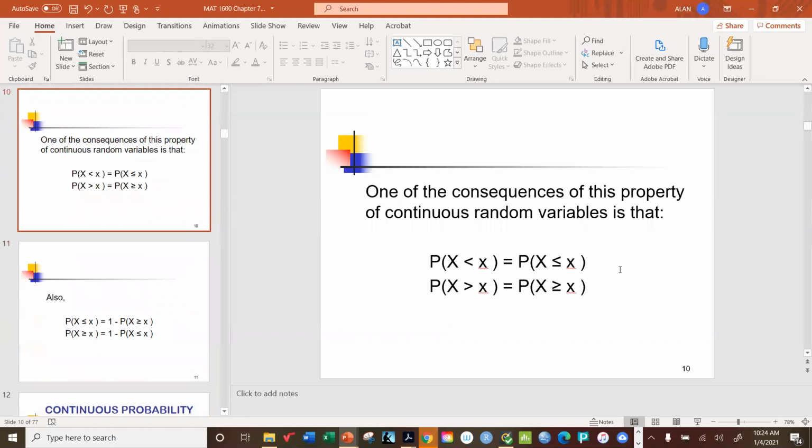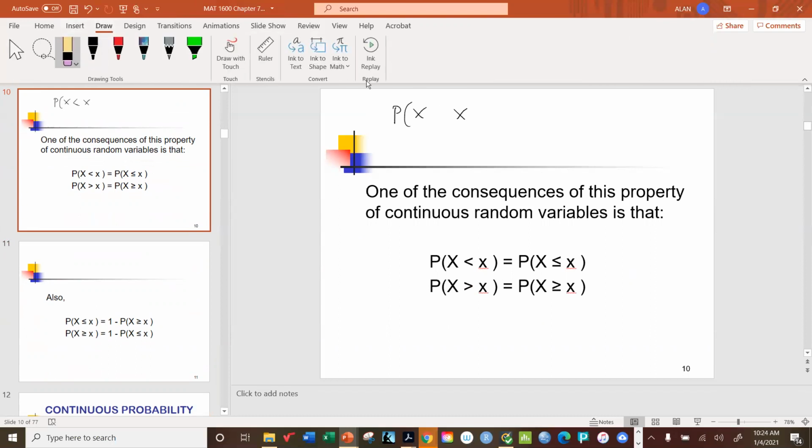And why is that? Well, here's why. Because when you think about it, what is this probability? Let me choose different letters.